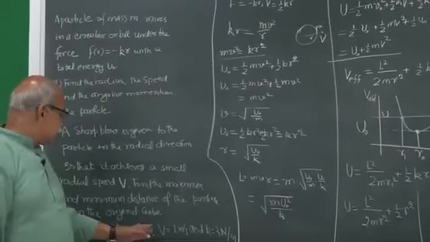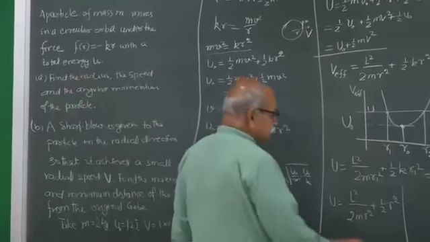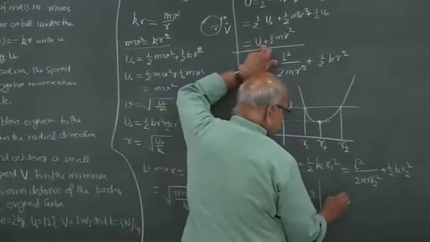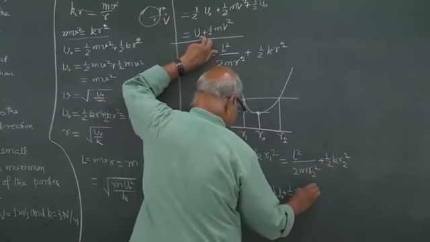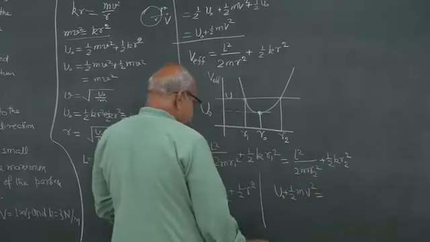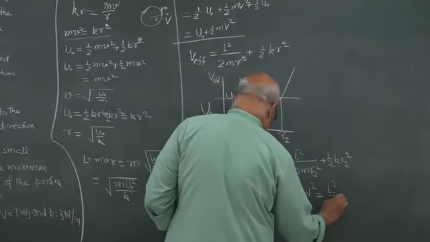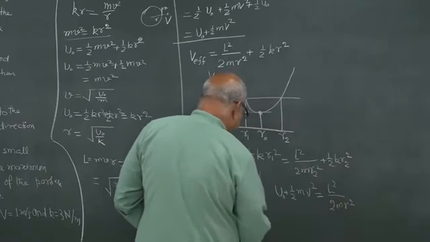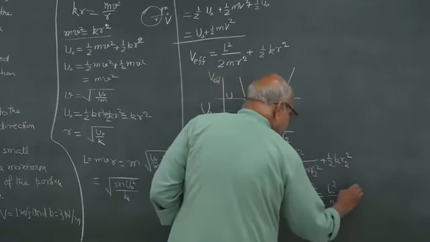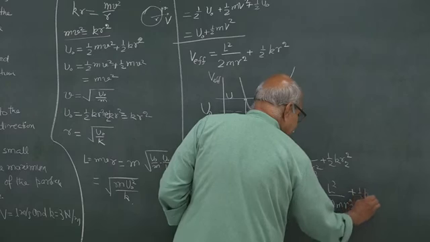You are given what u naught is and all that. So, it will be u naught plus half m capital V square equal to L square by 2 m r square plus half k r square.